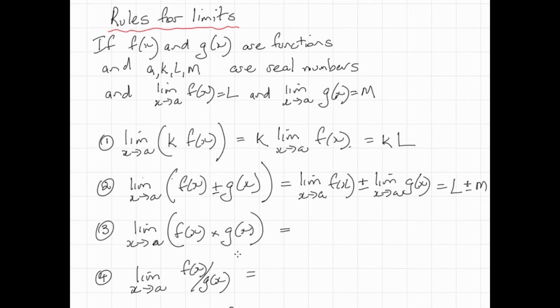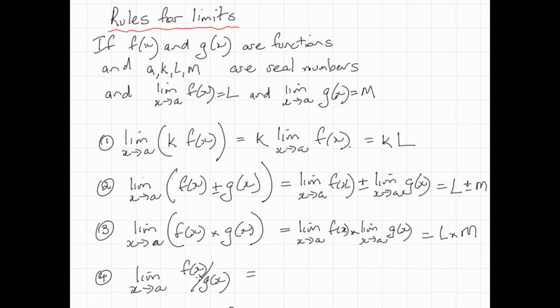Okay, down here, so this is multiplication, so that'll be the limit of the individual functions: the limit as x approaches a of f of x times the limit as x approaches a of g of x. Now we know that that's equal to L and that's equal to m.